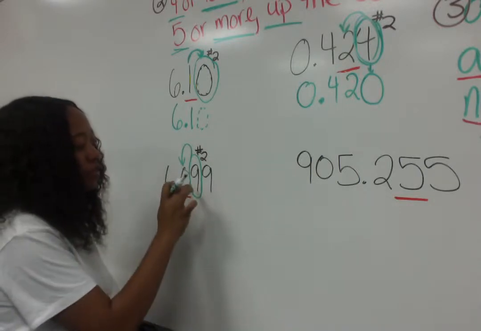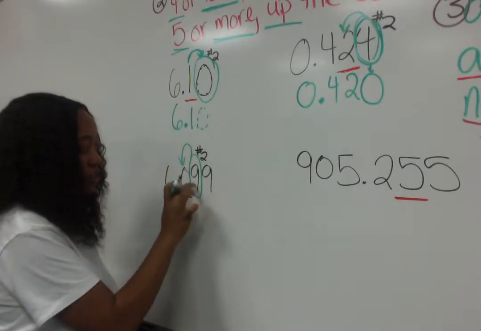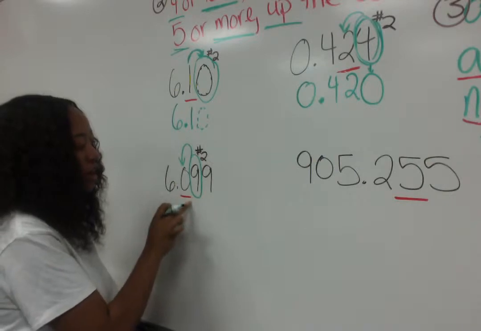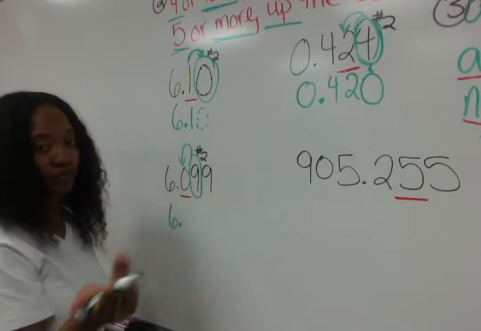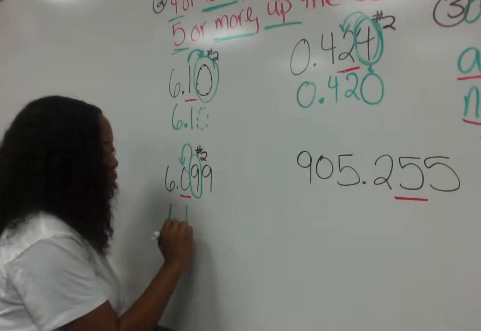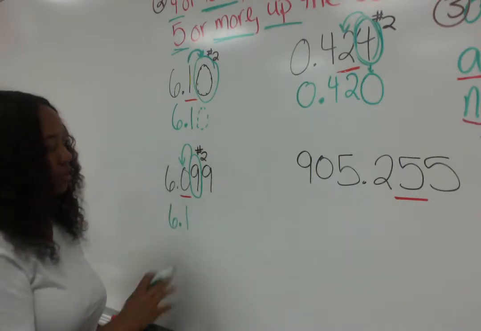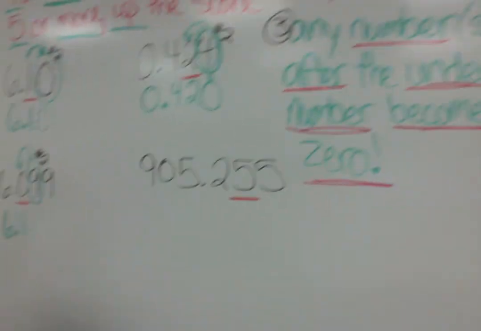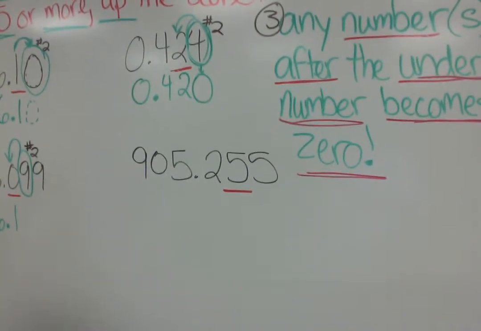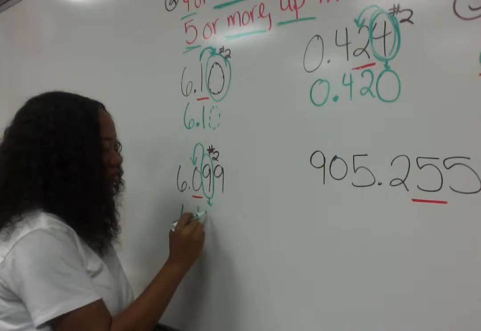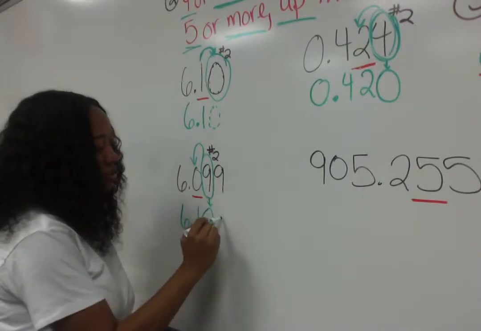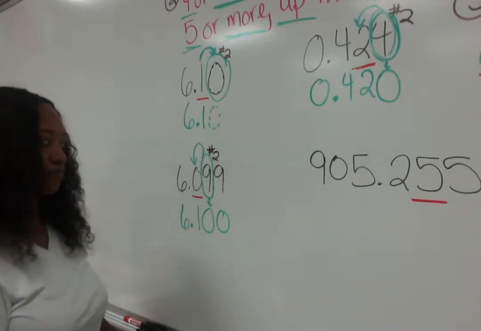But I'm not going to turn this into a 0 just yet. I have to figure out what comes after the 0. Perfect, 1. The 1 stays down here. Rule number 3, any number after the underlined number becomes a 0. So that means this 9, I just keep that circle, becomes a 0. This other 9 becomes a 0.